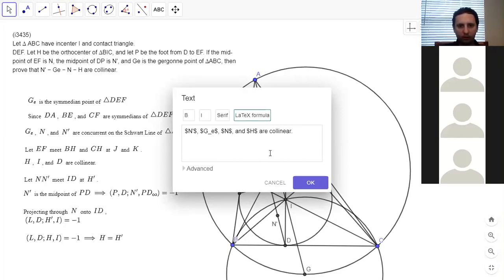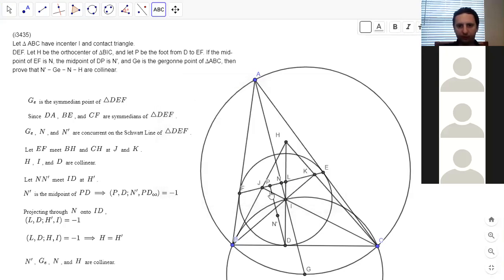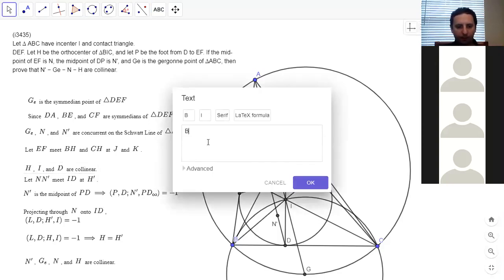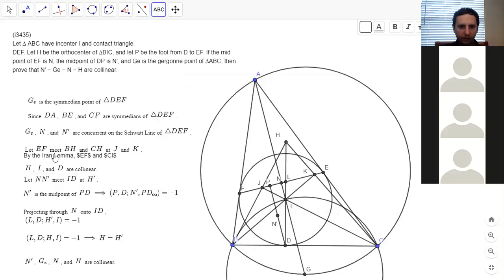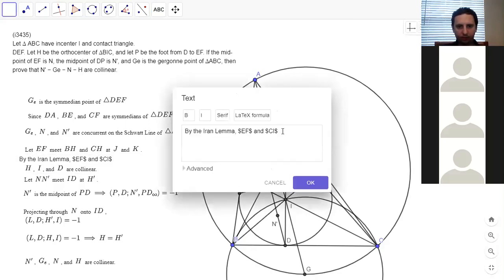All right. So yeah, we did have to show EF and CI meet on BH, and that's true. That's where we use the Iran lemma. Okay, so by the Iran lemma, EF, CI, and BH concur.